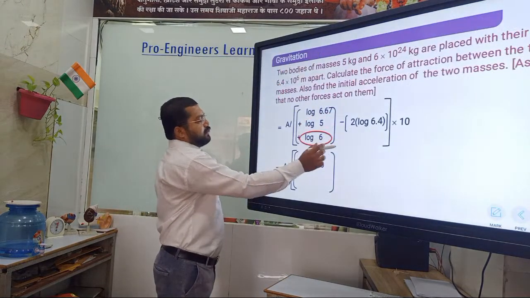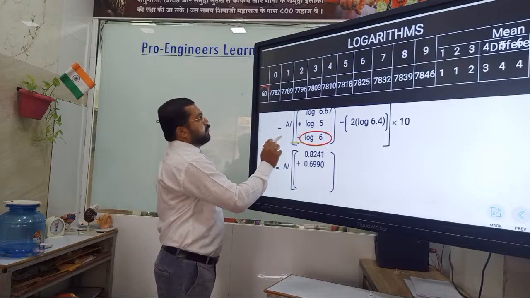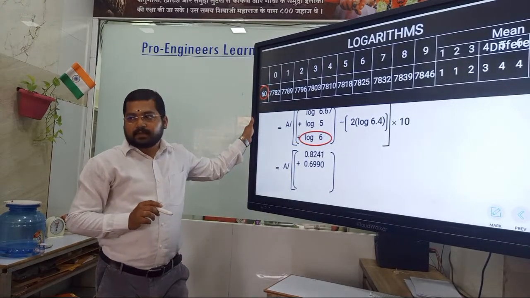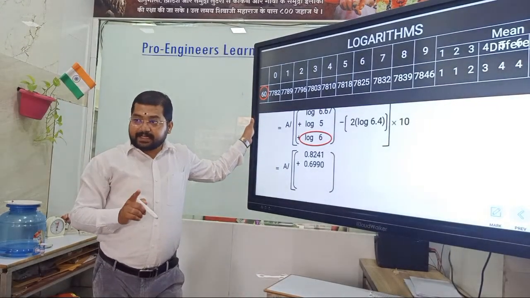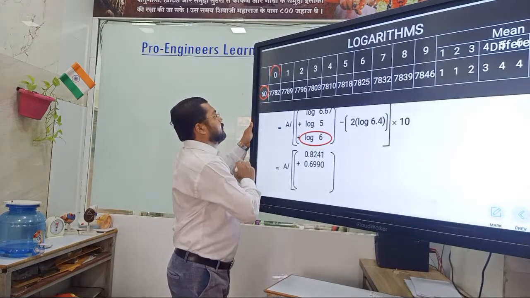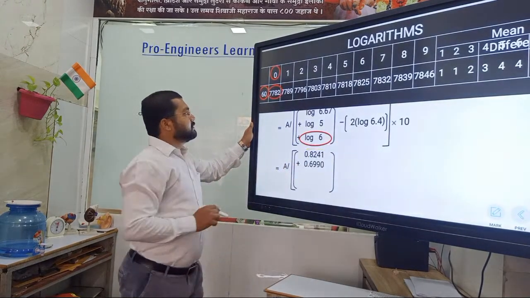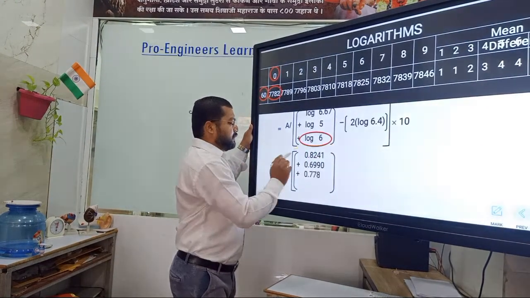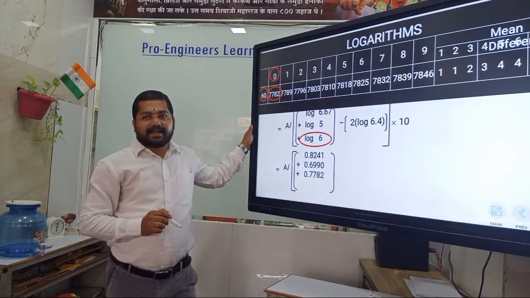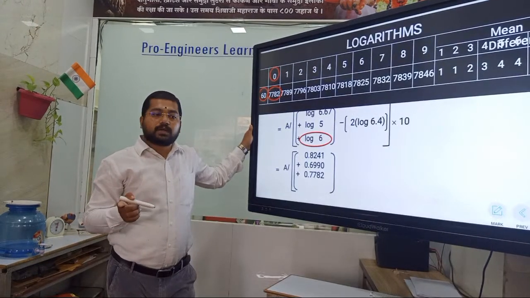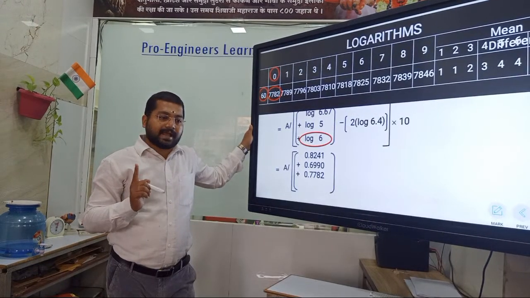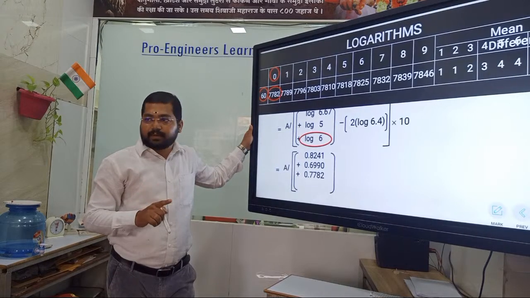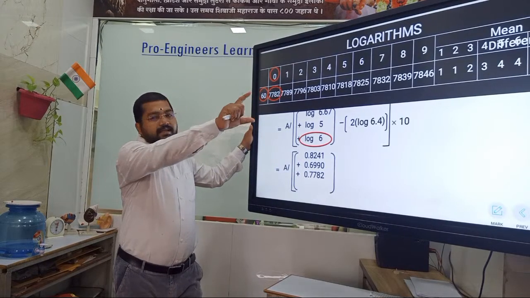Similarly, for log 6, we go in the row of 60, then 0, 7782, so the value is 0.7782. Those who do not understand how to get values using the log table, we have already mentioned everything very clearly.